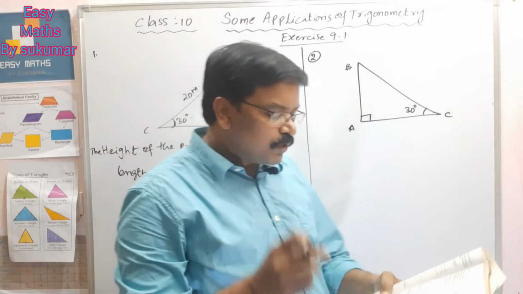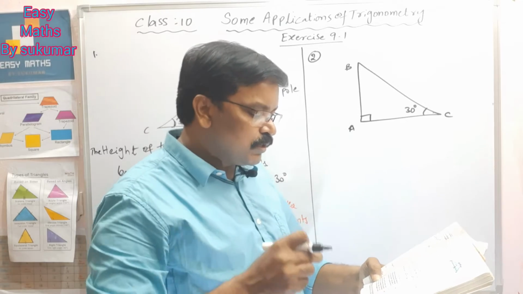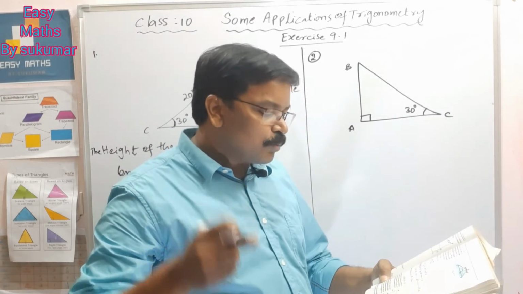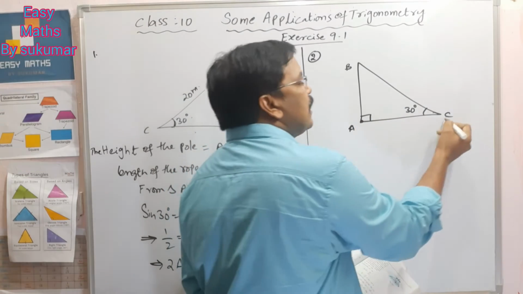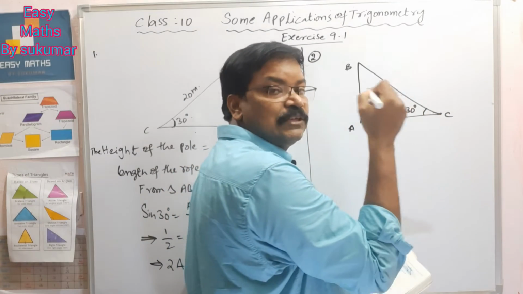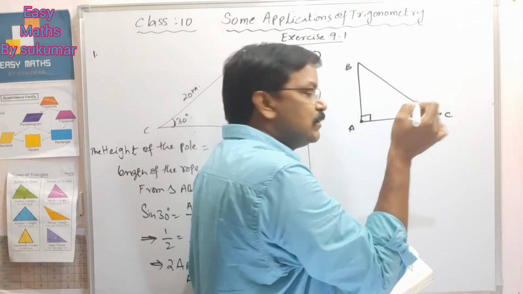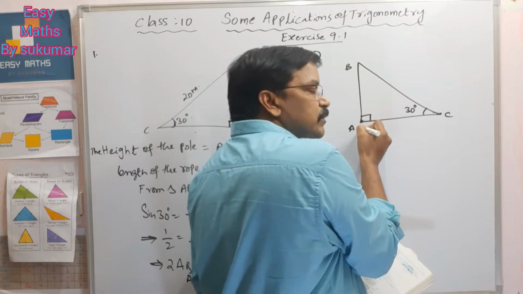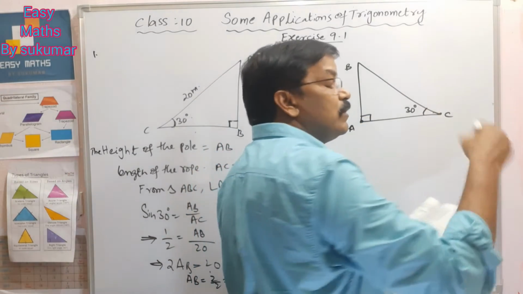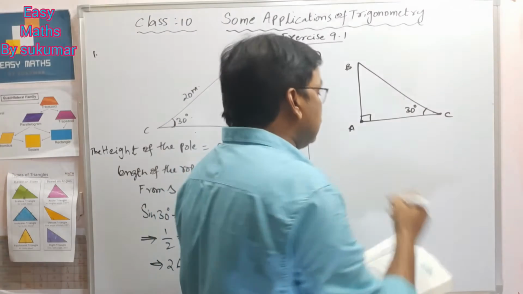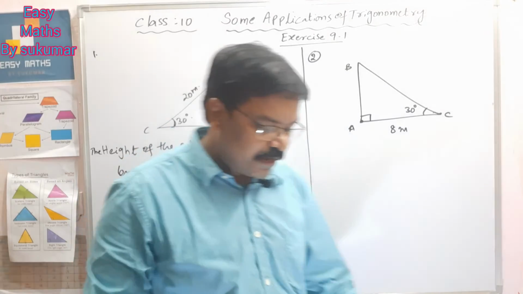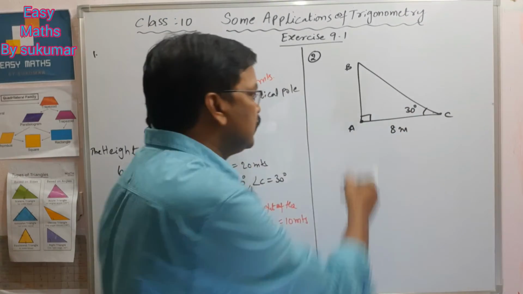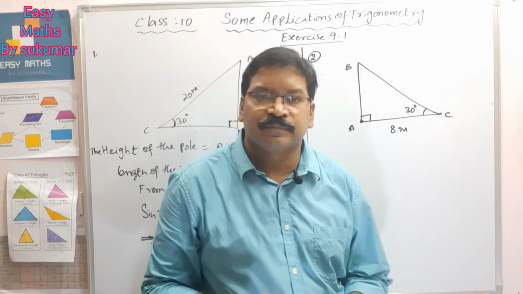The distance between the foot of the tree to the point where the top touches the ground is 8 meters. This is the foot of the tree, and the top is at C. We have to find the height of the tree.